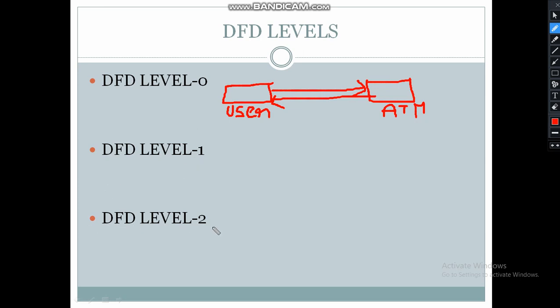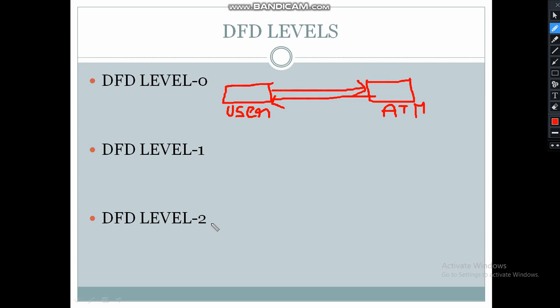The third one is level 2. Level 2 represents level 0 plus level 1, and it represents how to perform each and every action on the particular system. In the ATM system there are two components, the user component and the ATM component. These two components depend on other components to perform the action, and that is represented in level 2.